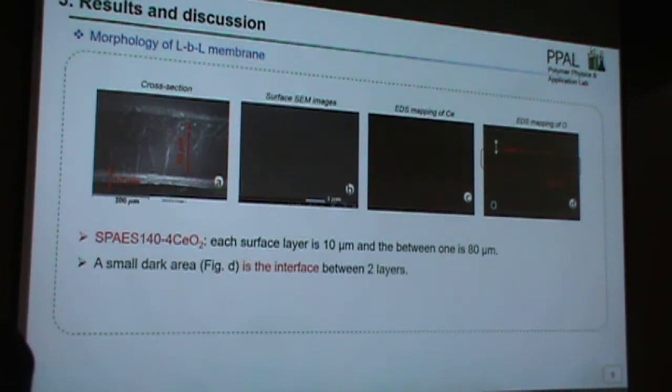We can see the region of the cerium element at both surface layers, and moreover the dark area in figure D is the interface layer between the surface layer and the middle layer.